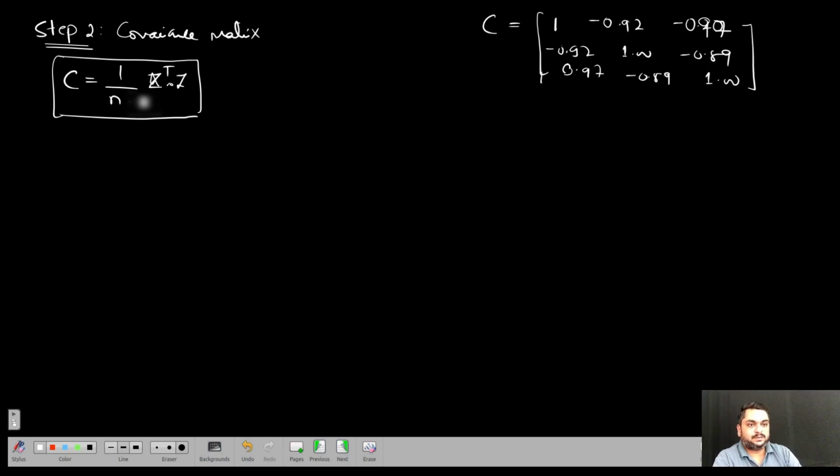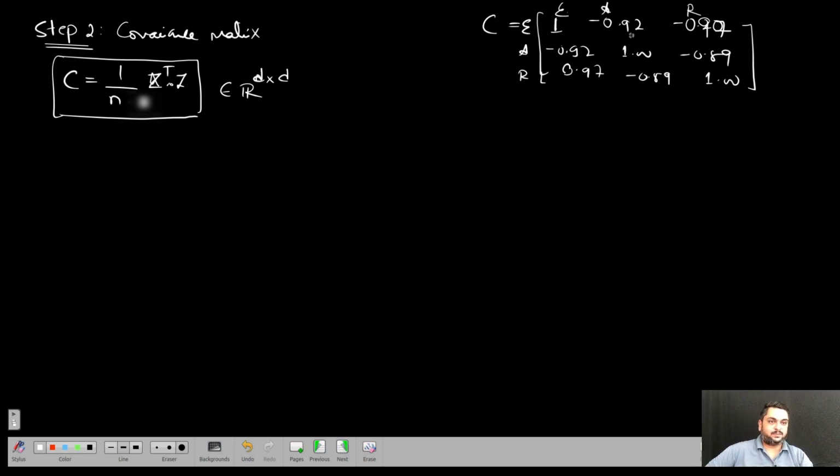So what exactly does this mean? Observe the size here. Sorry, it is d cross d, not n cross d. Why d cross d? Because covariance is between the features. For example, here it is my expense, age, and rating, and here also the same: expense, age, rating. Expense to expense covariance is 1 because they are the same feature.